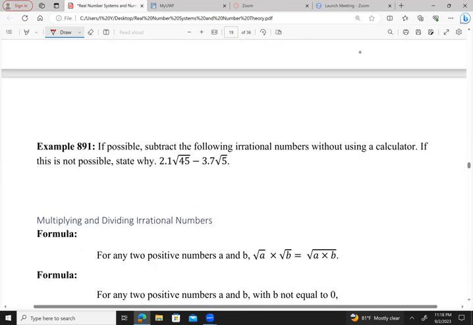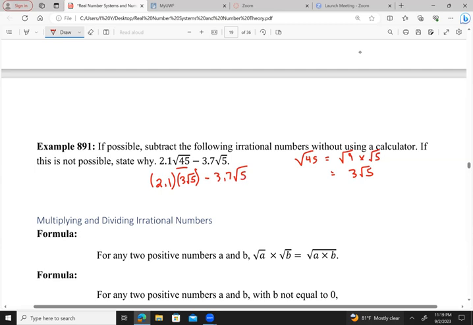If possible, subtract the following irrational numbers without using the calculator. If it's not possible, state why. Well, let's look at this. The square root of 45. That is the square root of 9 times the square root of 5, which is 3 times the square root of 5. So now I have 2.1 times 3 times the square root of 5 minus 3.7 times the square root of 5.